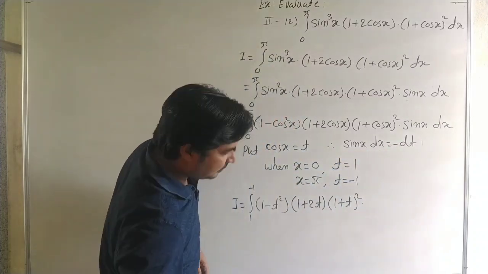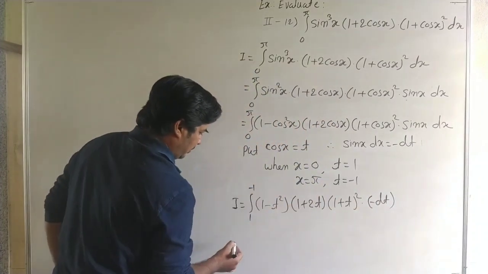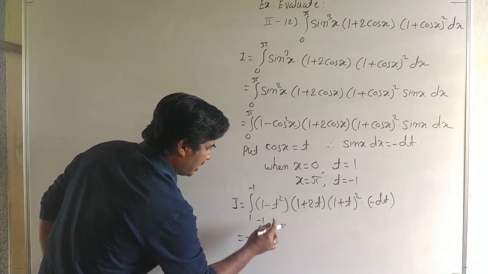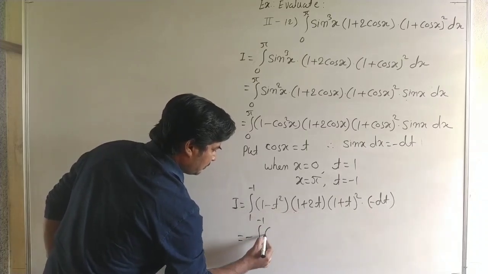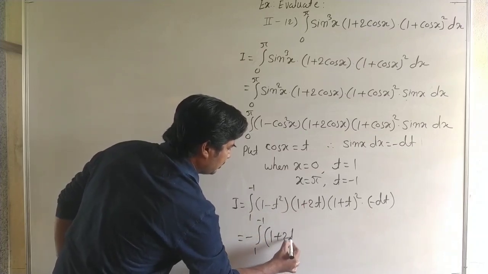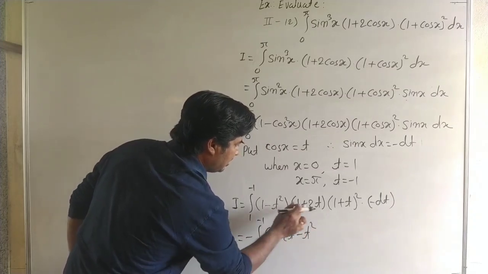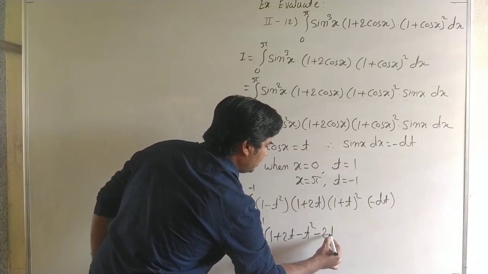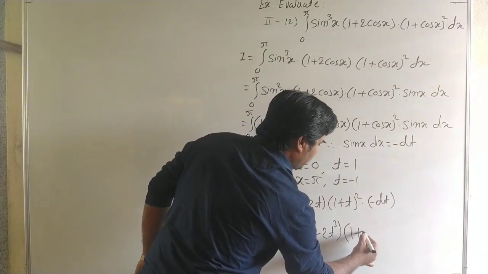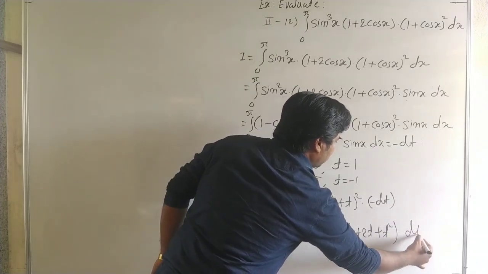Now this minus can be written outside the integral 1 to minus 1. Now multiply these two: 1 into 1, 1 into 2t, it is 2t, minus t square, and minus t into 2t is minus 2t cube, into 1 plus 2t plus t square dt.